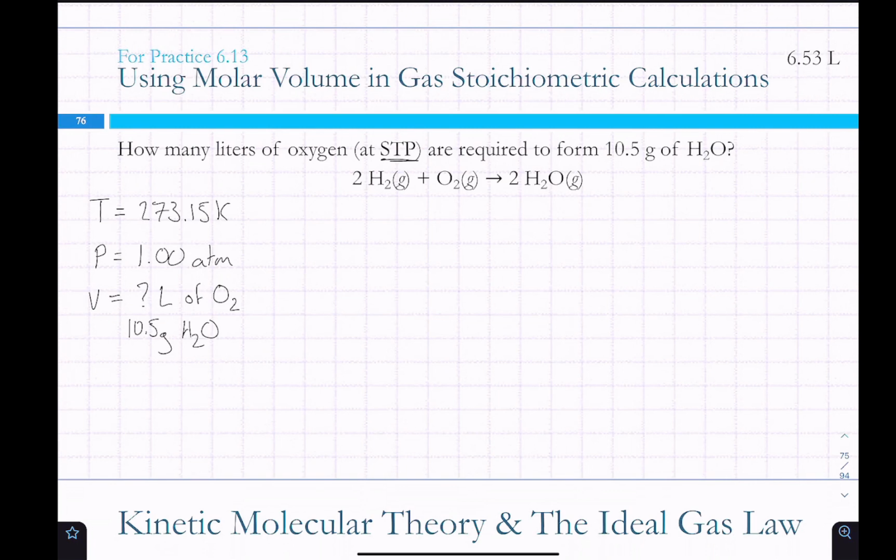So to start this problem, I was trying to figure out how to phrase this, conceptualize it, and generalize it. Pressure and temperature are describing properties of everything in the reaction right now. So everything's going to have that same pressure and that same temperature. So we can't really use that as a starting point to calculate a number of moles of something.